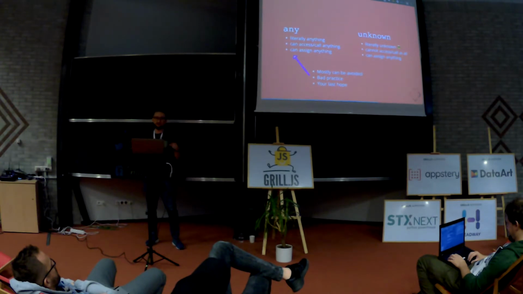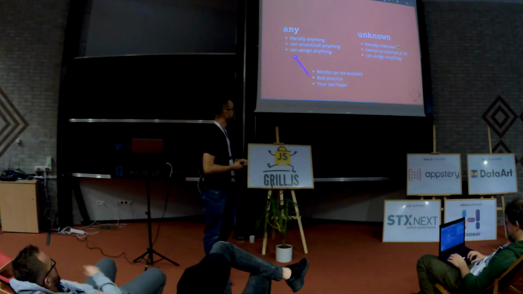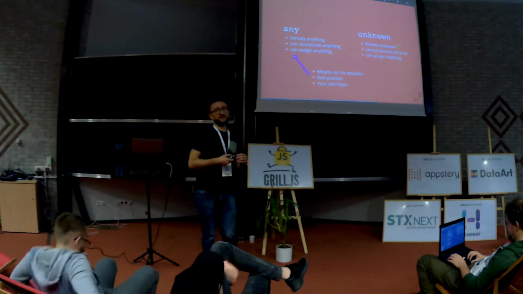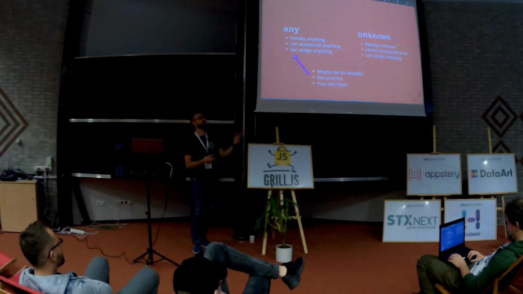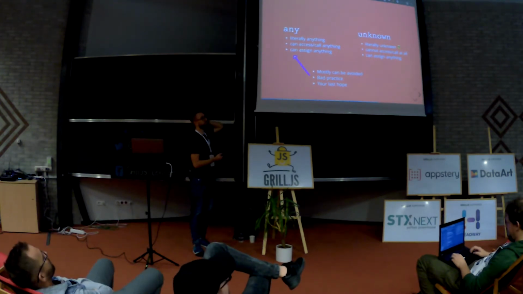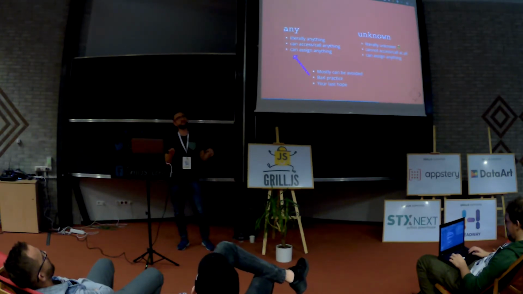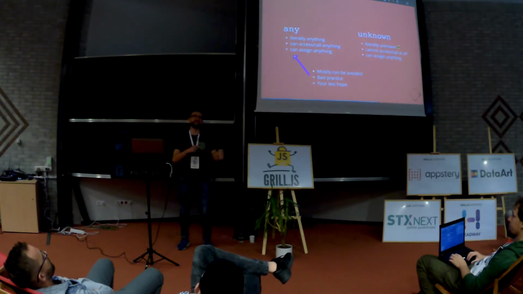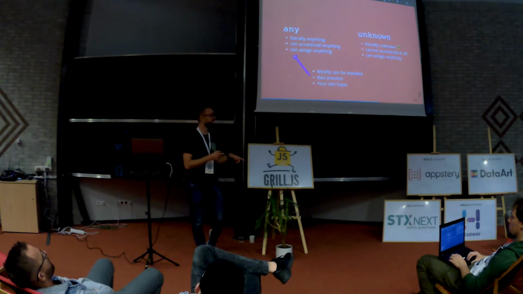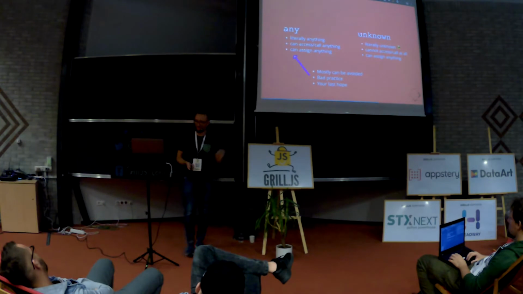And any mostly can be avoided. It's in general bad practice, but sometimes it's your last hope and sometimes it's a quick fix. I have an answer on Stack Overflow with about 200 upvotes where I answered, yeah, the simplest way is to type assert as any. If not, please write your own interface or do other stuff. 200 upvotes.